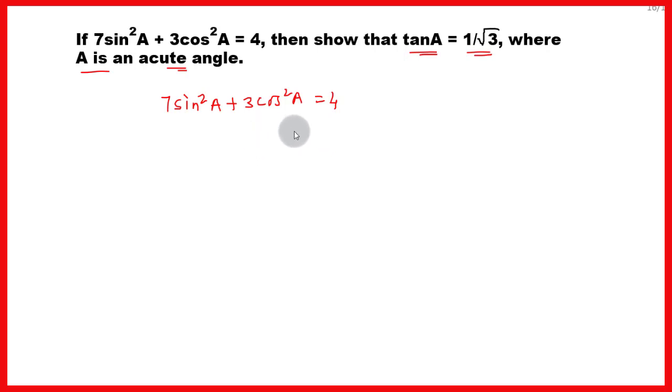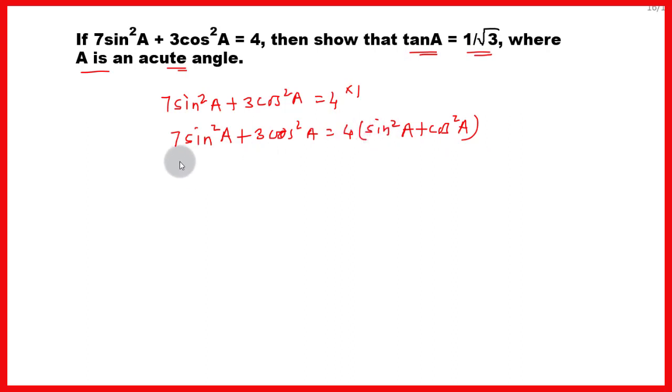So here we can solve this as 7 sine square a plus 3 cos square a, that is equal to 4 can be written as 4 into 1, and 1 can be written as sine square a plus cos square a, so 4 into bracket sine square a plus cos square a, because sine square a plus cos square a is 1 and 4 into 1 will be 4.